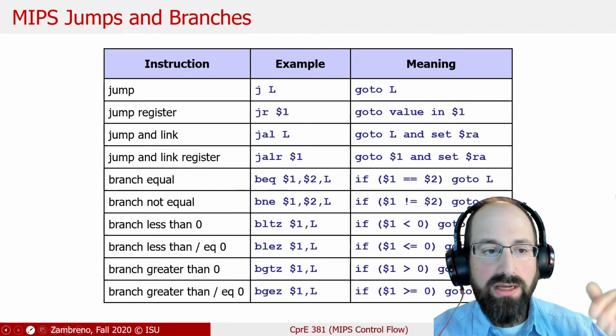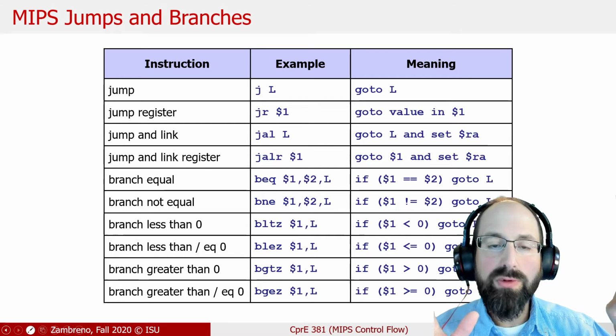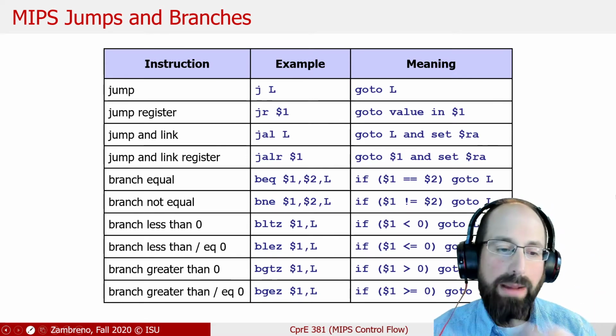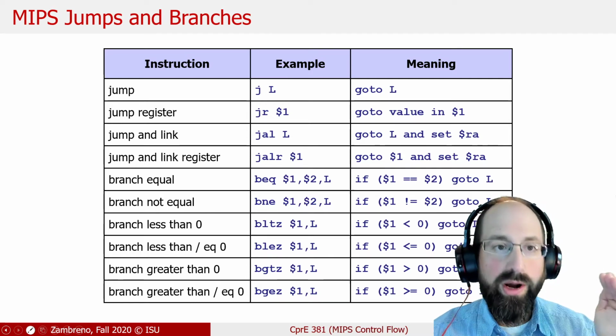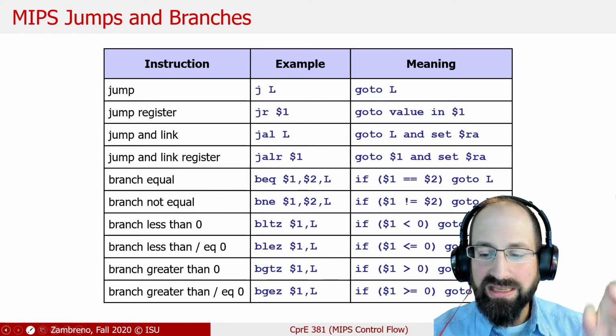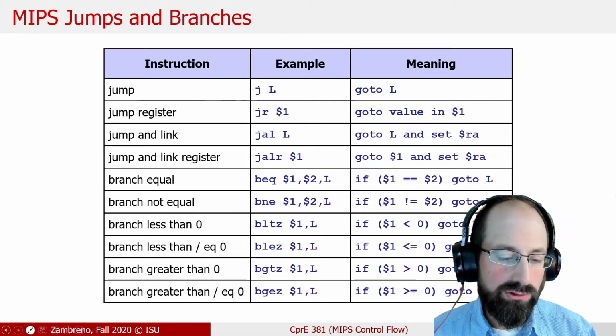If you had a branch and it's not meant to be taken because register 1 is not the same as register 2 for branch equal, our next instruction should be that fall through case, whatever happened to be next in our code. And we have to write our code accordingly: if we don't want to fall through, we need to make sure that the next instruction after the branch gets us further away from whatever those fall through instructions are.